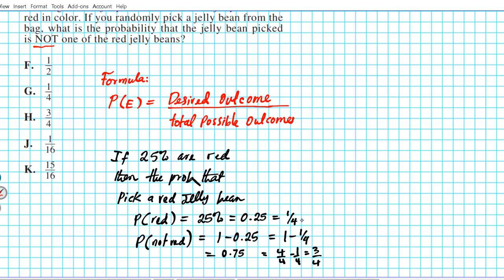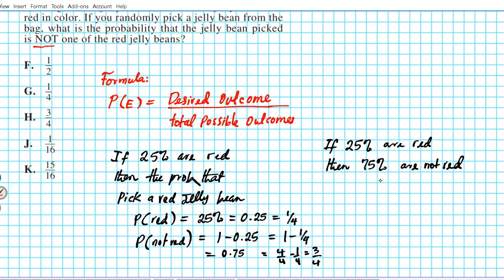Another way of doing it is just thinking about what percentage is not red. If 25% are red, then 75% of the jelly beans are not red.